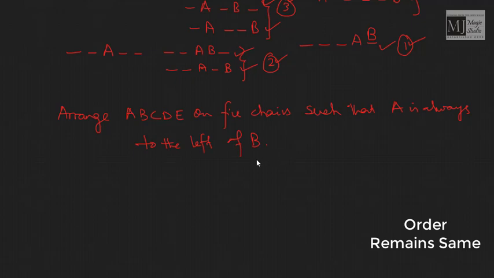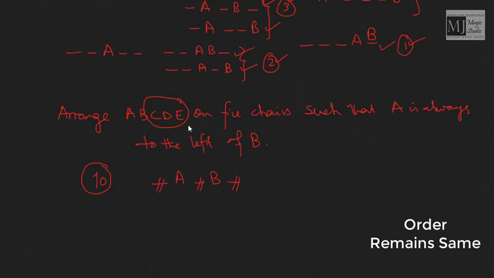In our example, we have seen that there are 10 such cases where A is to the left of B. But whenever we have a case, we always have 3 vacant chairs, and 3 people need to be arranged on them.